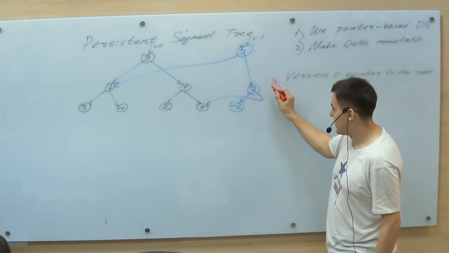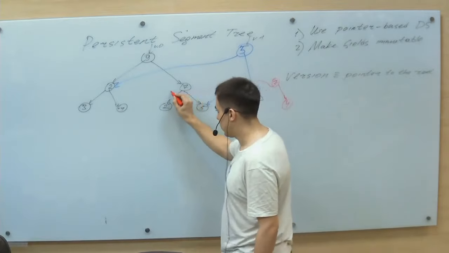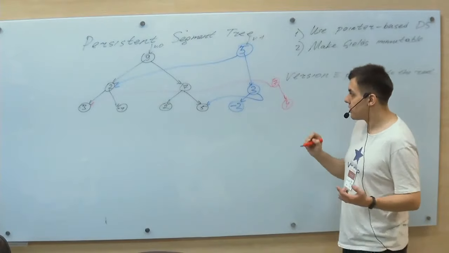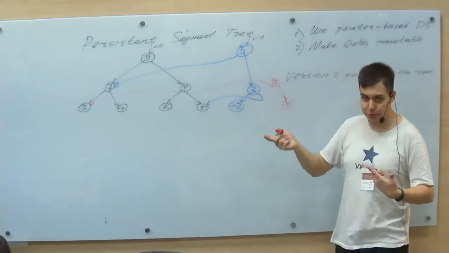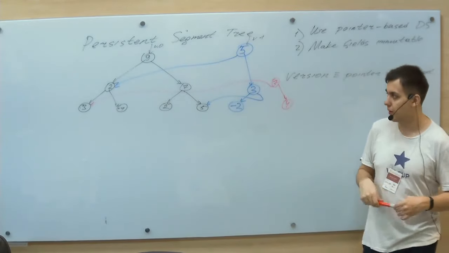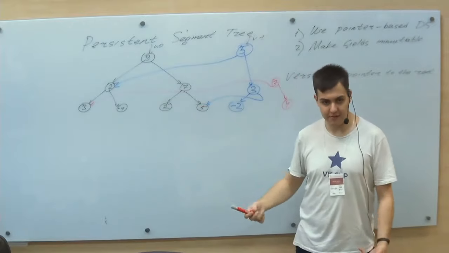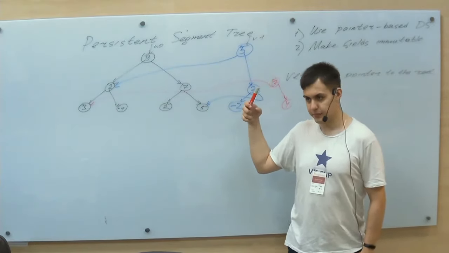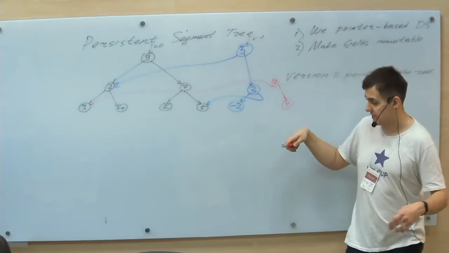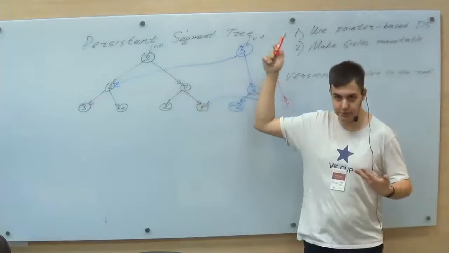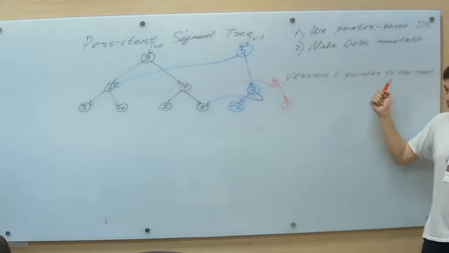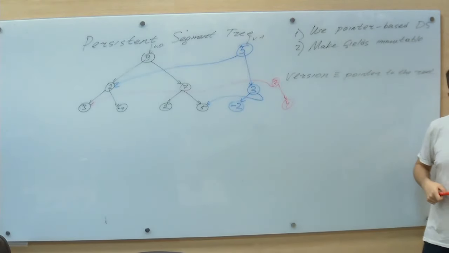And the left child is way back here. And now we create a new root. Notice that the root is always changing. Every change in any leaf affects the root. The change in any leaf propagates to the root, and we'll always have a new root. And that's why the version is the same as the root.